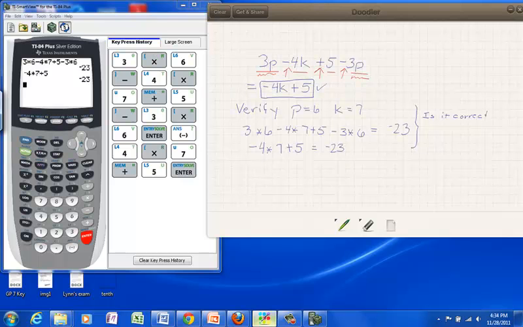Now it's possible, and I'll have to admit on my first one I actually did make a mistake and had to go back and start the video over again, that sometimes when you try and find out is it correct, what you find out is that you've made a mistake and have to go back and fix it. Now there's 2 places you can make a mistake, possibly in entering these expressions in your calculator, or you can make a mistake in doing the algebra, particularly losing a positive or a negative sign up here.